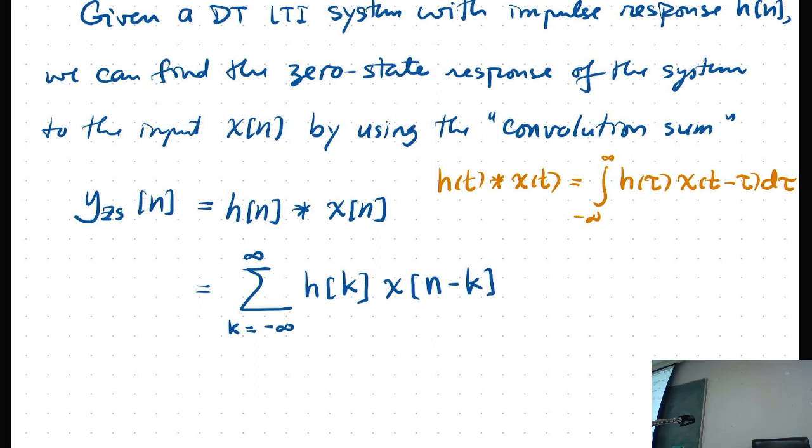Again, integration is replaced with summation. The integration is with respect to tau, so the summation is with respect to k. Then h of tau changed to h of k, t is actually n in discrete time, so t changed to n and tau to k, and we have to drop d tau because it doesn't make sense when you talk about discrete time. So this is the definition of the convolution sum.